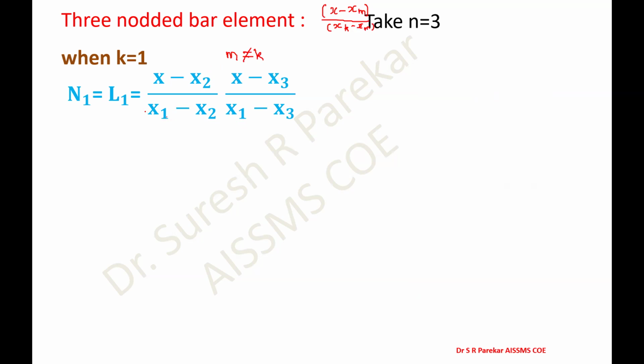So we have denominator with x1 first term and numerator with x first term. Second term in numerator and denominator we have same x1 and x1. So we have x to the power 2. So shape function is proportional to x to the power 2. So we are going to get it as parabola.